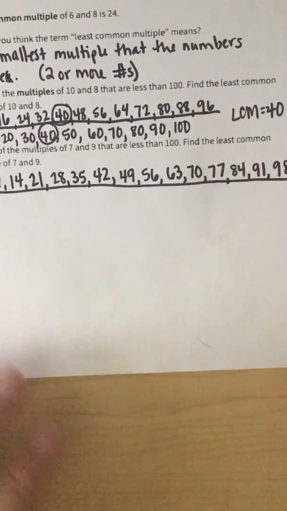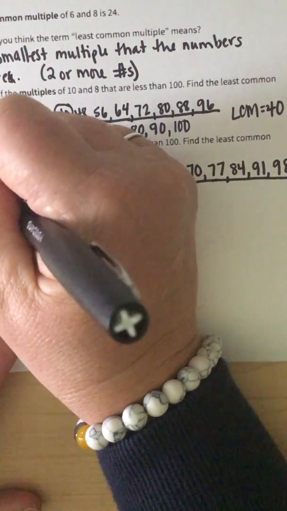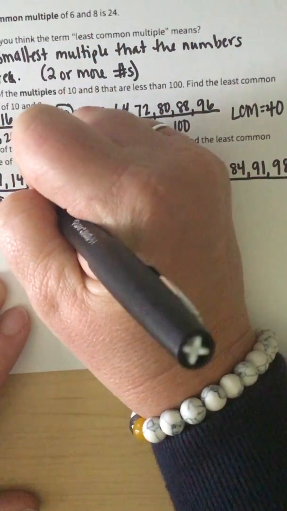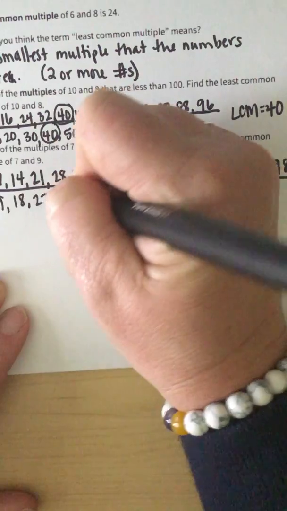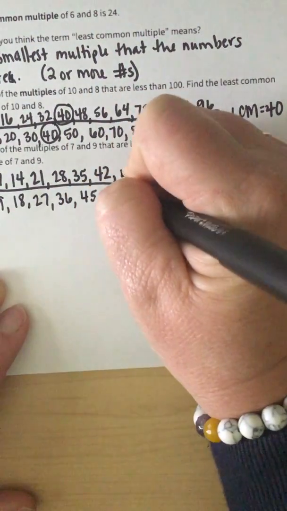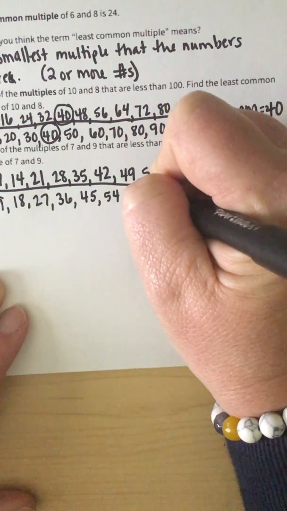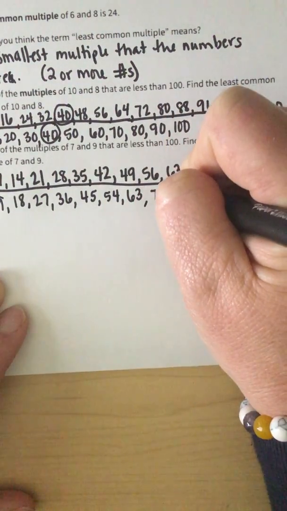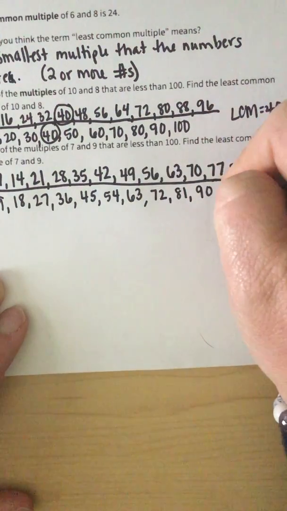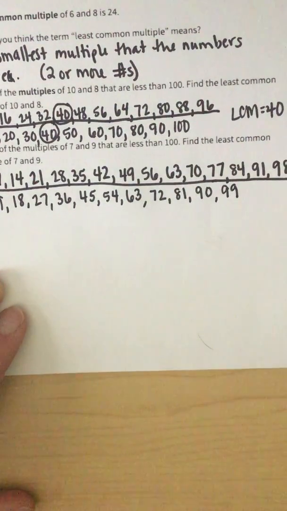All right, so then down here, we have 9, 18, 27, 36, 45, 54, 63, 72, 81, 90, and then 99 is our last number.